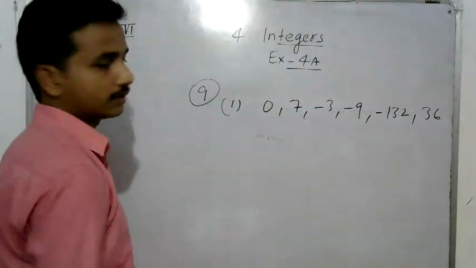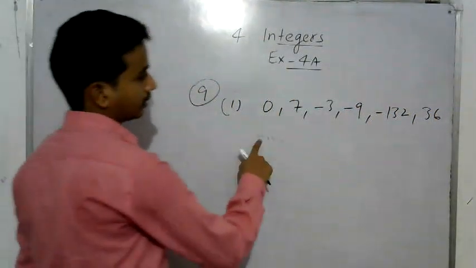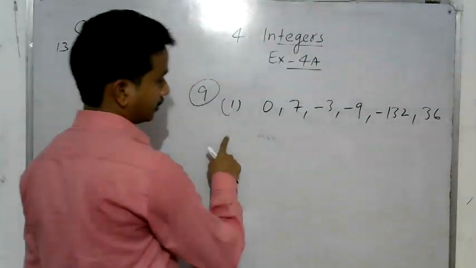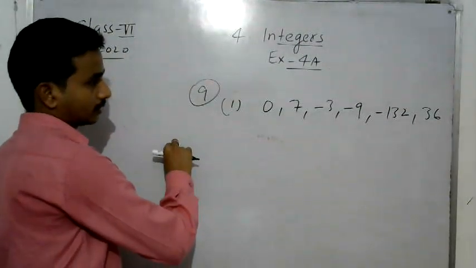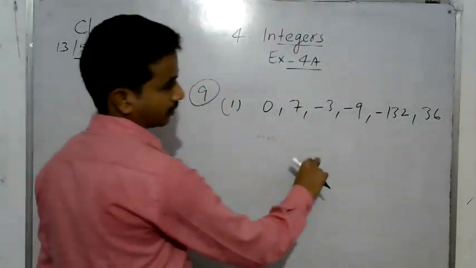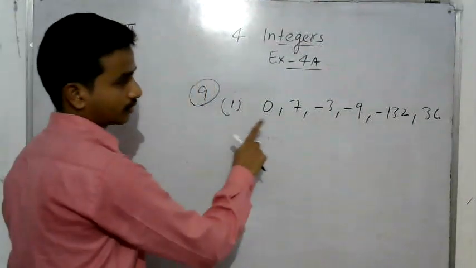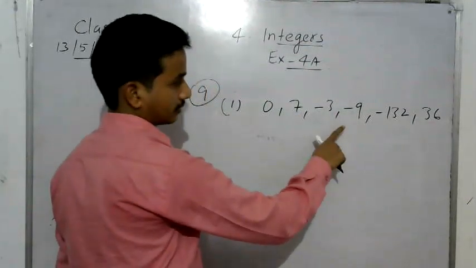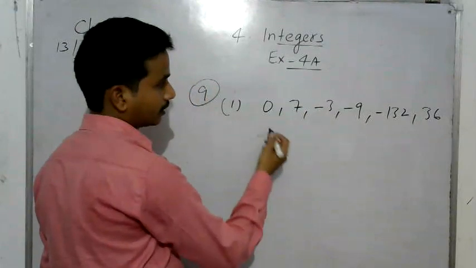We have to arrange these integers in descending order. We know that descending order means from greatest to lowest. So which one is greatest? We know that positive integers are greatest. So which are the positive integers?